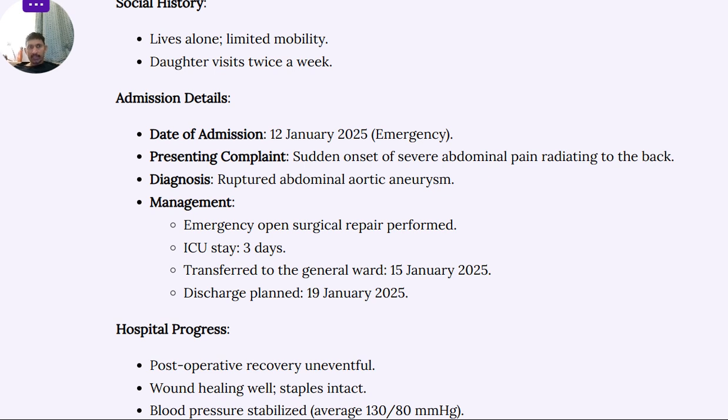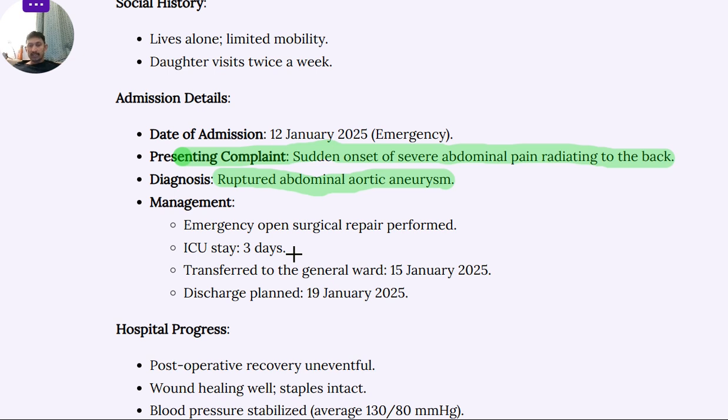The diagnosis is ruptured abdominal aortic aneurysm, the actual diagnosis during admission. Management: emergency open surgical repair performed, ICU stay for 3 days, transferred to the general ward on 15 January 2025, discharge planned on 19th January 2025.